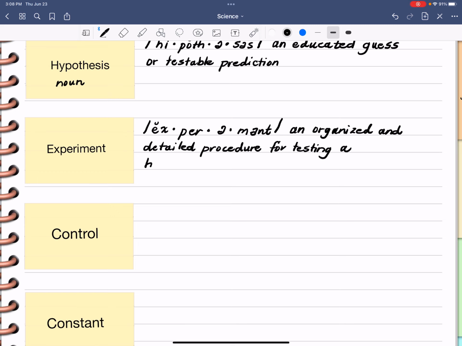So once you come up with that educated guess, you have to test it. And that's done using an experiment. That is a thing. It is a noun.